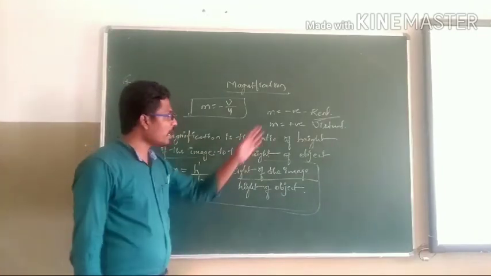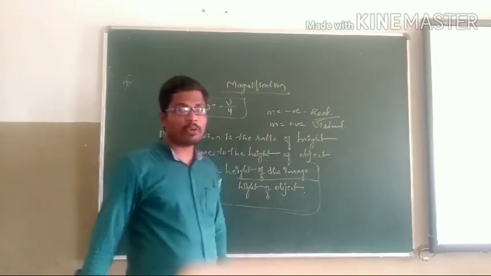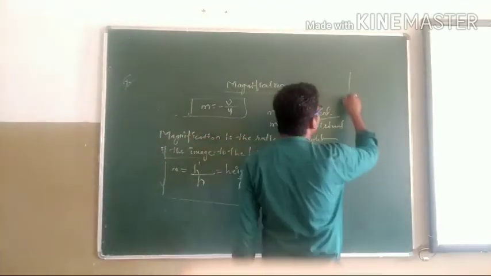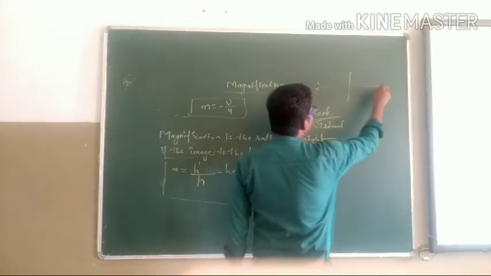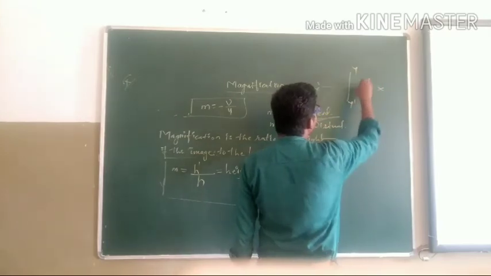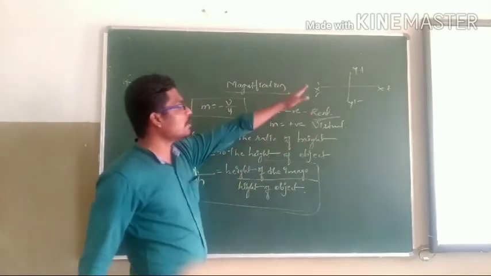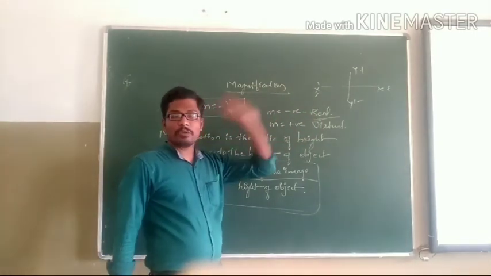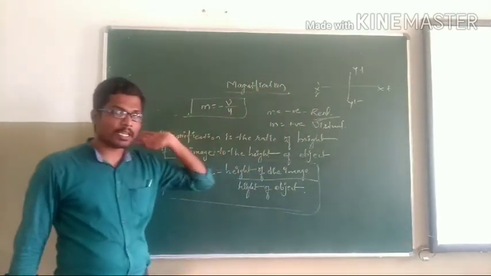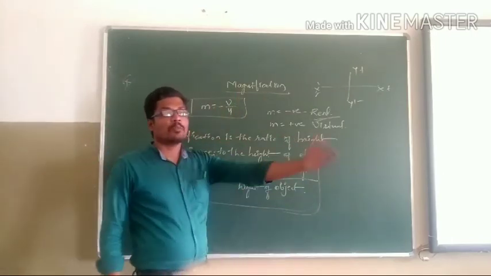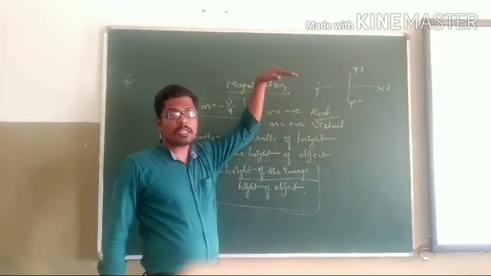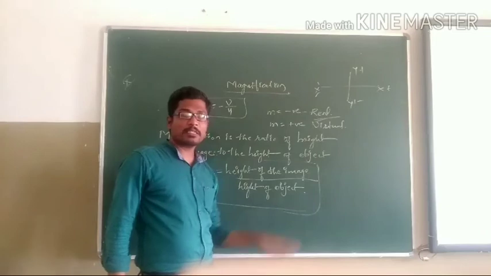And we know how it is. Suppose the magnification value comes negative. If you take the axes here, this is x dash and this is x, and y dash. We know this side is positive and this side is negative: to the left of the mirror is always negative and to the right of the mirror is positive. Upward above the principal axis is positive and below the principal axis is negative.